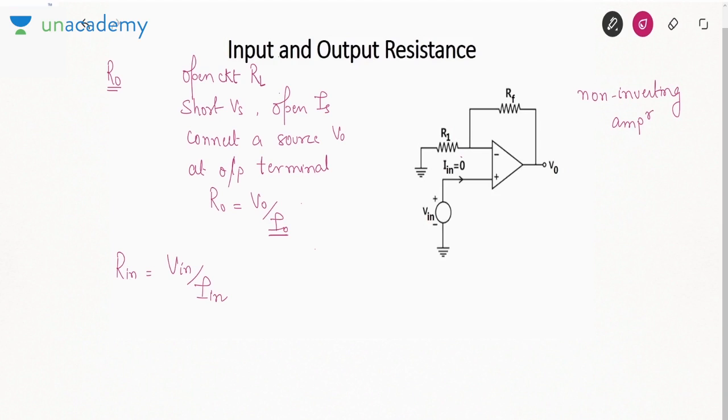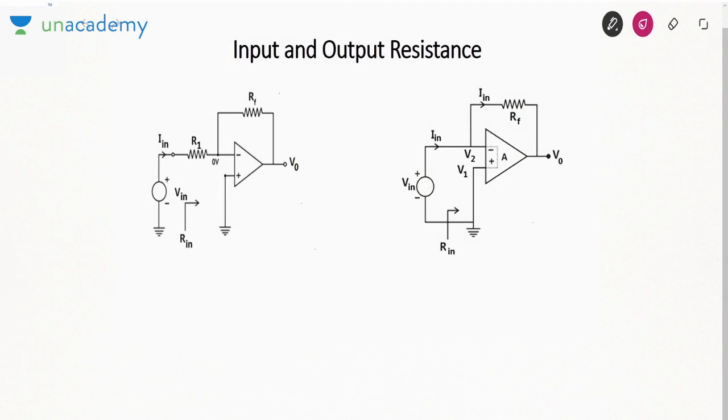We know that the current input to the op-amp is 0. So what is the input resistance? Vin by 0, it tends to infinity. So input resistance will become infinite in a non-inverting amplifier. Next case, this one is an inverting amplifier.